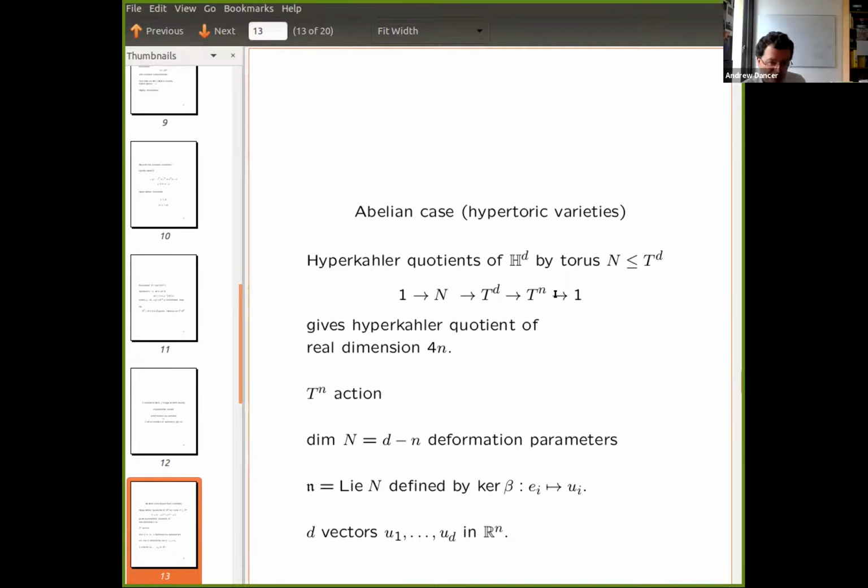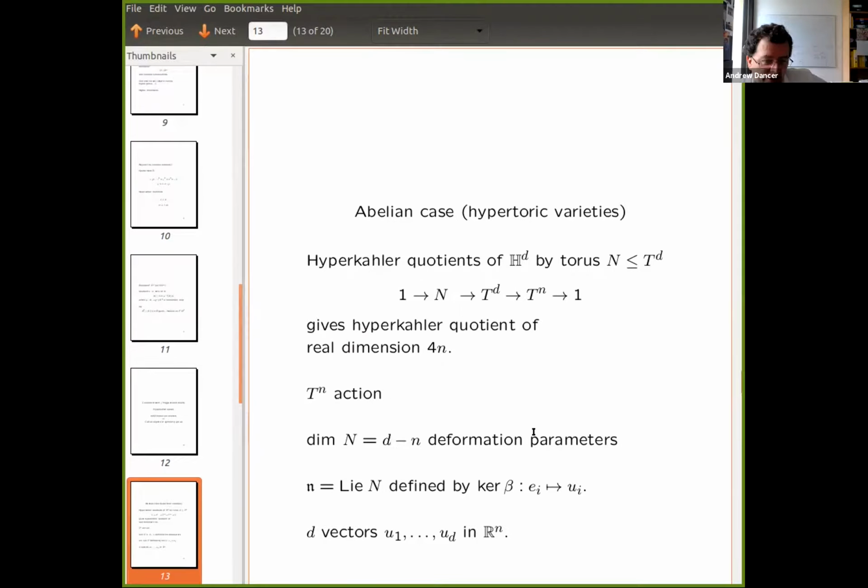So we have this exact sequence. And then we have a residual action of the quotient T^n, which is T^d mod T^(d-n). So what does this give us? This gives us a Hyperkahler manifold of real dimension 4n, quaternionic dimension n, with T^n action, a maximal action of an abelian group.